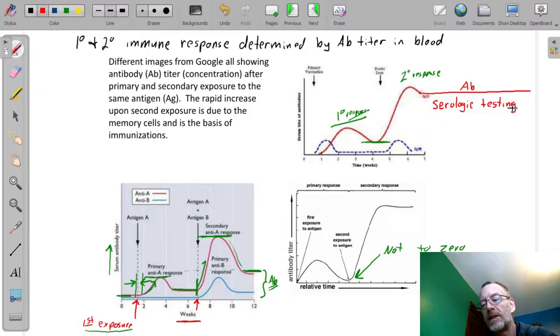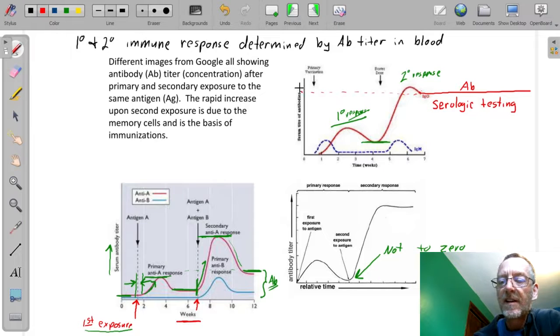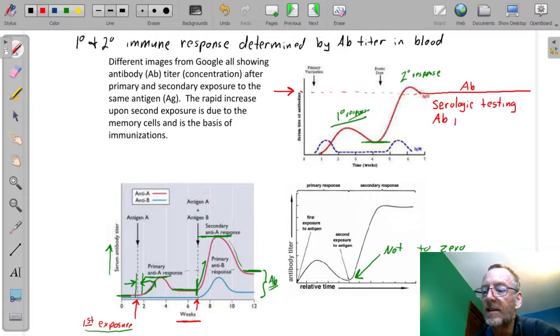The way they're doing that is to take a blood sample and measure the antibody titer in your blood. If you have a high antibody titer, then it's presumed that it will give you protection. That is serologic testing for antibody protection. And if you know that you are protected and immune from the disease, the thought is, well, you can go back out into society and you're no longer at risk of infecting anybody else.